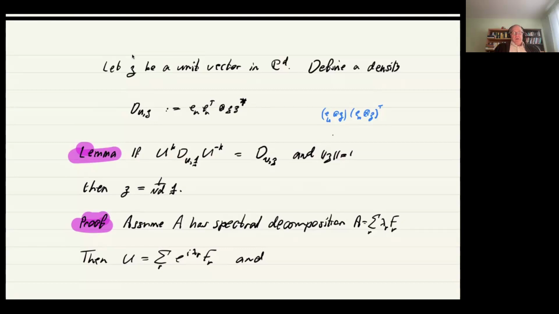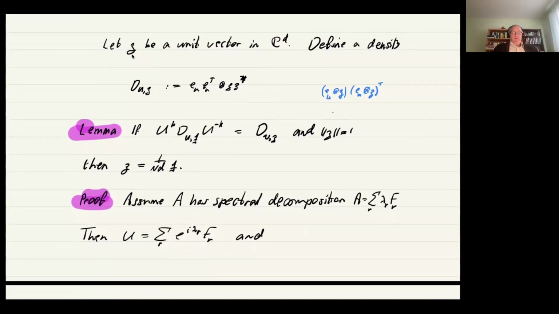And so that means our initial state will be this. And the little lemma here says if you have transfer from this state to this state, then z is actually 1 over root D times 1, the all ones vector. Now, I'm going to be a bit sloppy about my scaling in these situations.